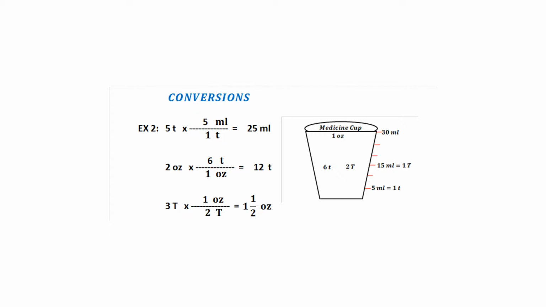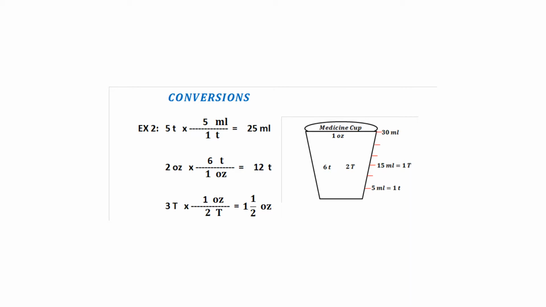A tablespoon takes 2 of those to be an ounce. So we're going to ounce on top, tablespoons on the bottom. 1 ounce is 2 tablespoons, so we've got 3 times 1, or 3, divided by 2. That's 3 over 2. That's an improper fraction, and that's the mixed number 1 1/2 ounces.